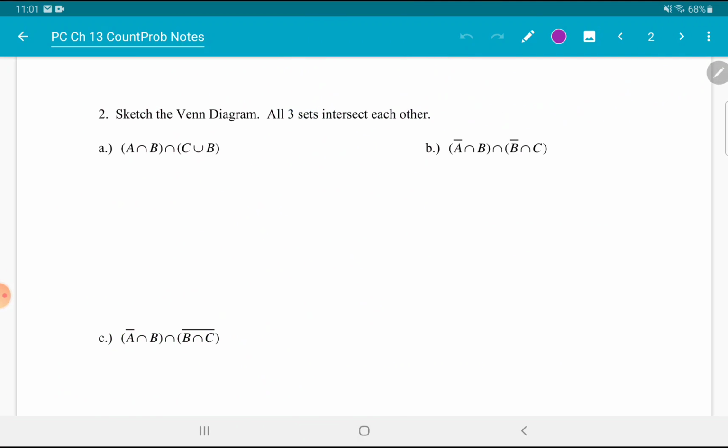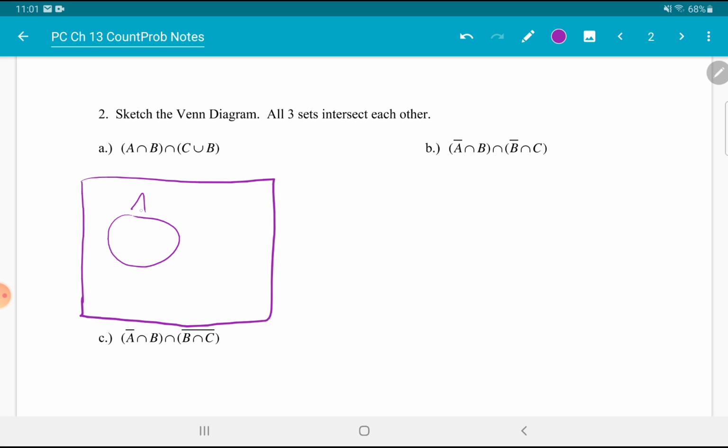Let's take a look at example 2 now. Sketch the Venn diagram. All three sets intersect each other. Notice how we have an A, B, and a C here. So when we're looking at these examples, we actually need 3 circles. We need an A, we need a B, and we need a C. Very similar to how we did the previous problem, we need to think about what it means to see each of these parts.